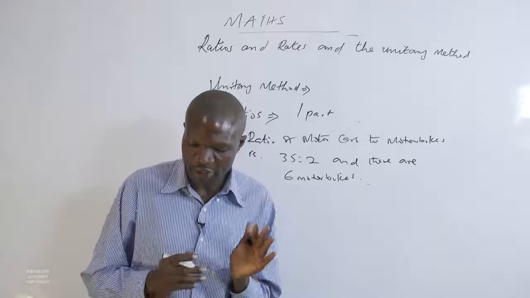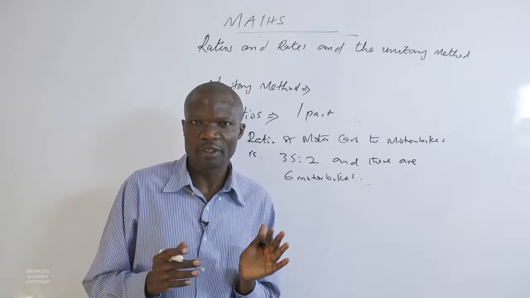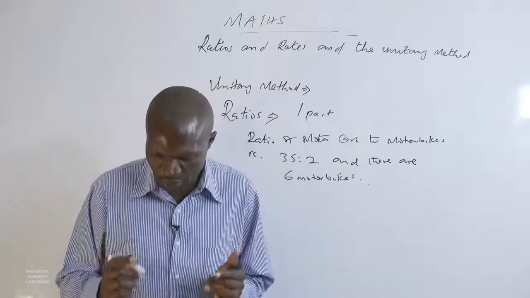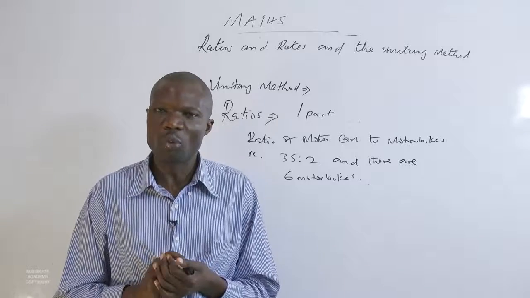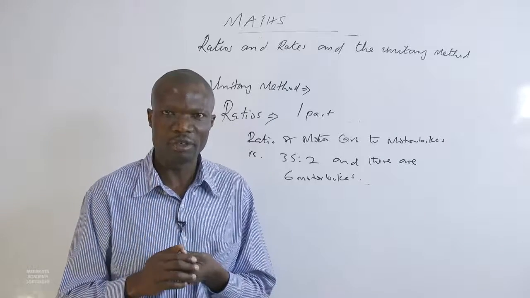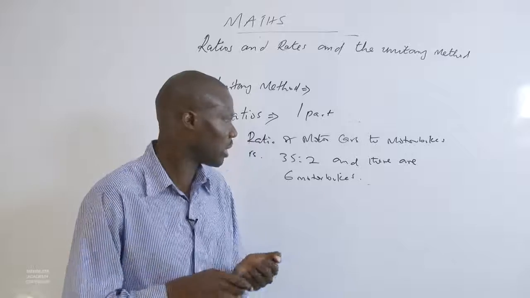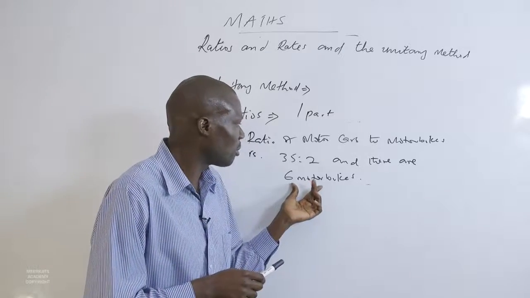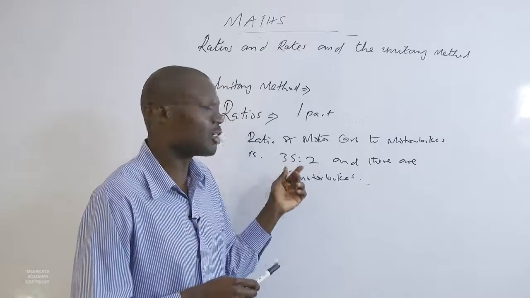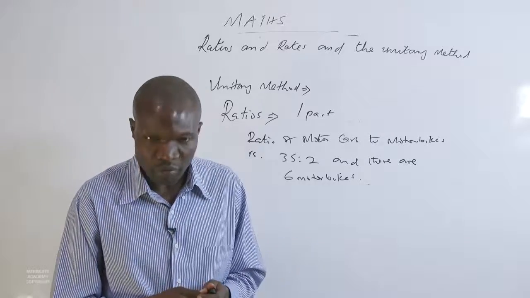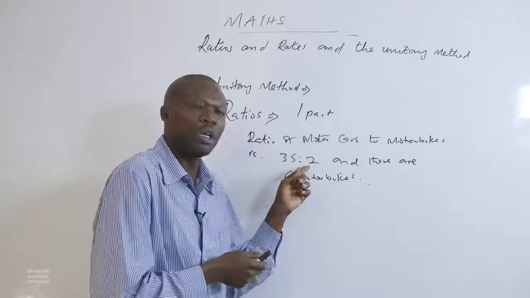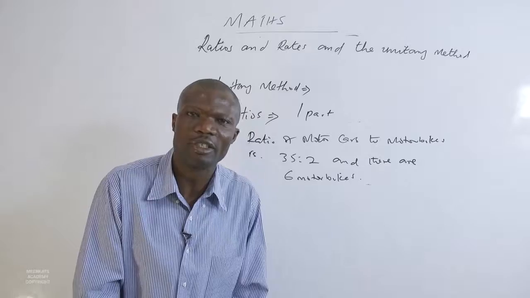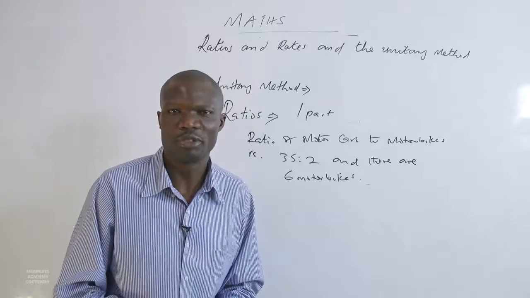So, the question here will mean this. Look at these 6 motorbikes. Because we want to find one part of motorbike. We are talking of 6 motorbikes, and the ratio is 35 to 2. So here, we need to divide by what? By 2.